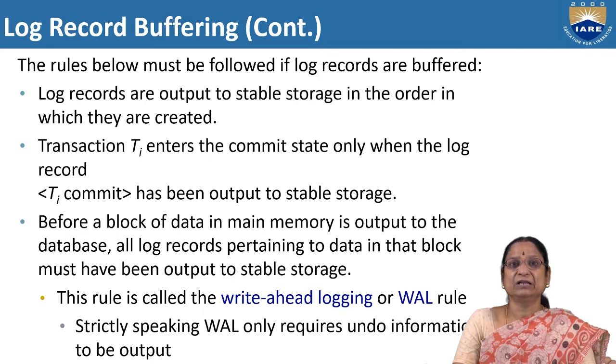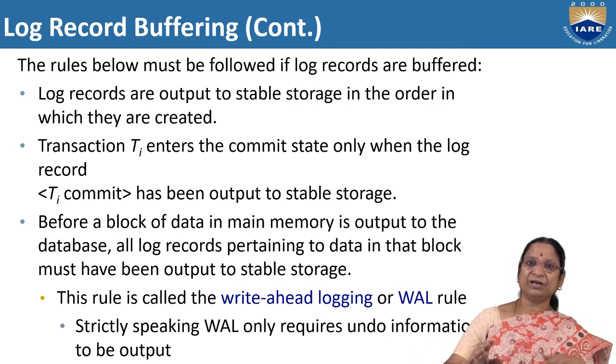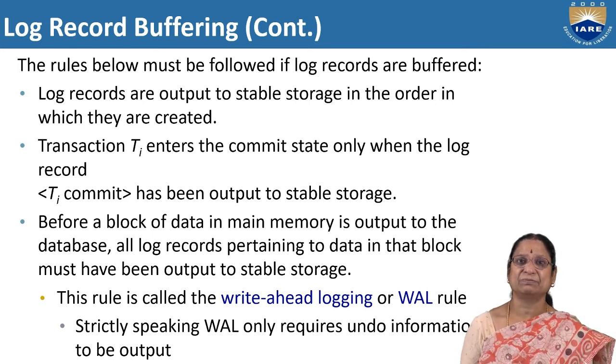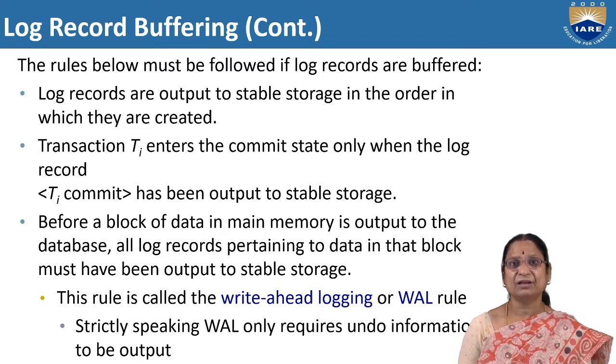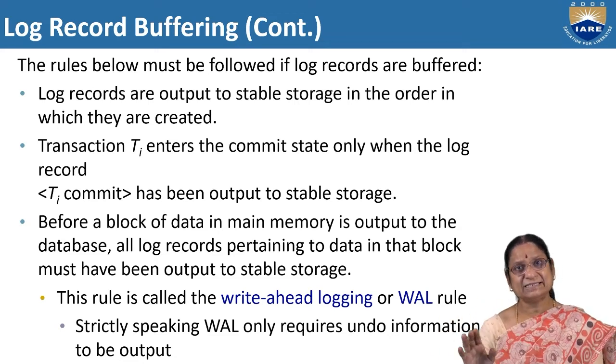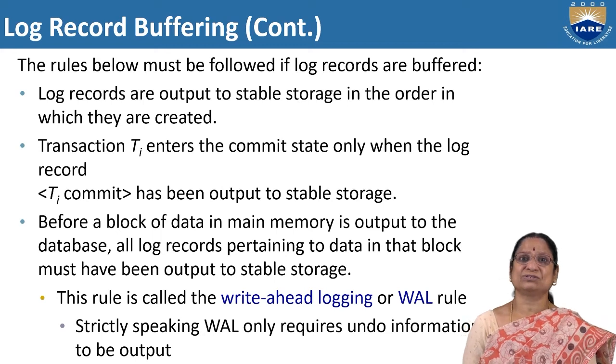Another rule. As we discussed earlier, the block of data is transferred between our main memory and secondary storage. Some of the updates are done in main memory only, in the buffer, but when committed, they must be transferred to our secondary storage also.